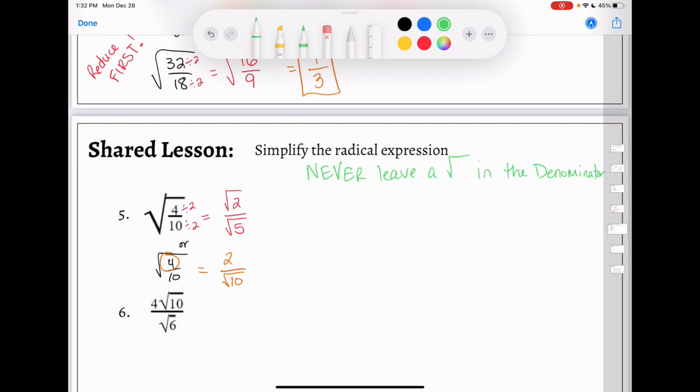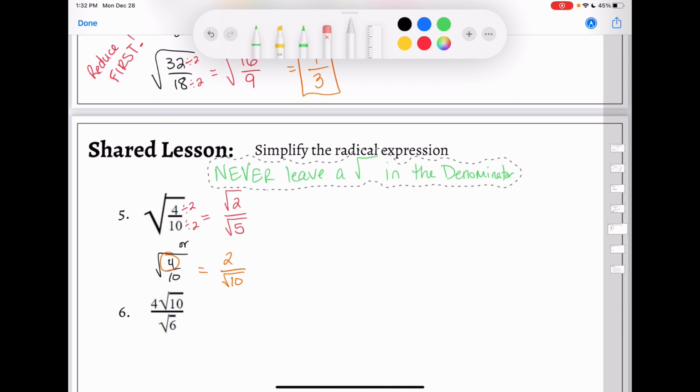This is the reason: if you leave a radical in the denominator, you can have multiple different answers to the same problem. That doesn't work, because then we'll never know if we have a correct answer or not. And we want it to be the most simplified it can be. So to have a simplified radical, we cannot leave a radical in the denominator.